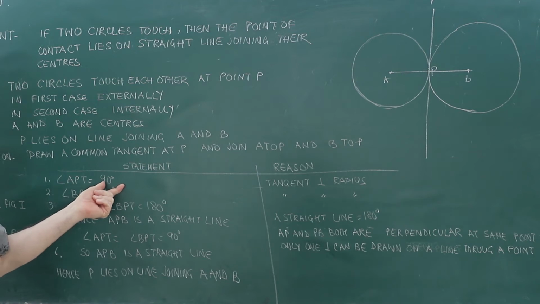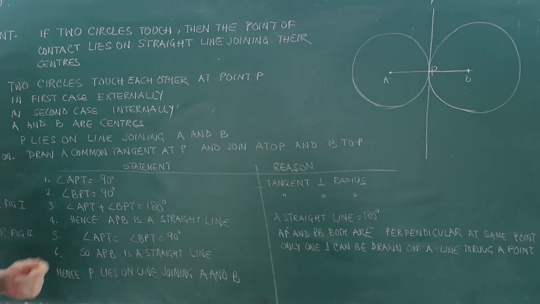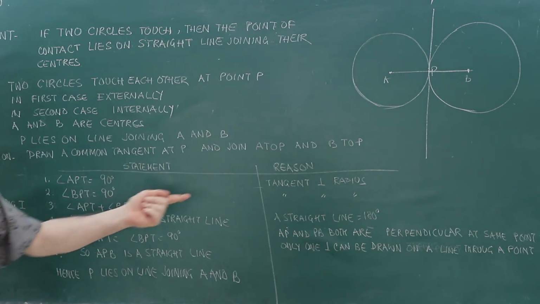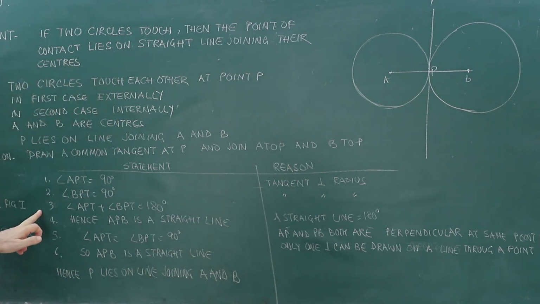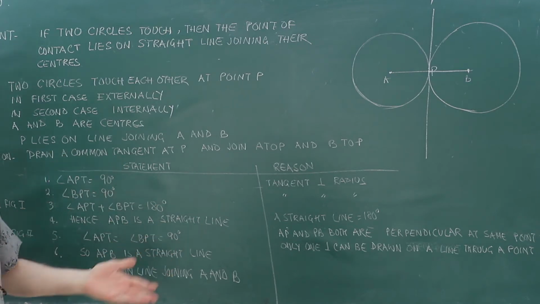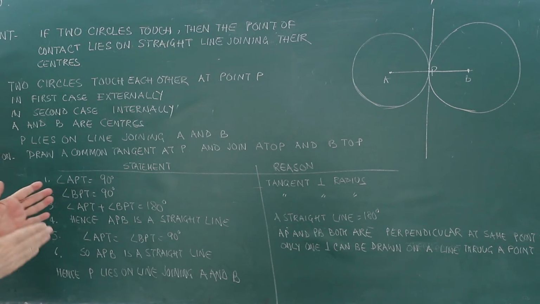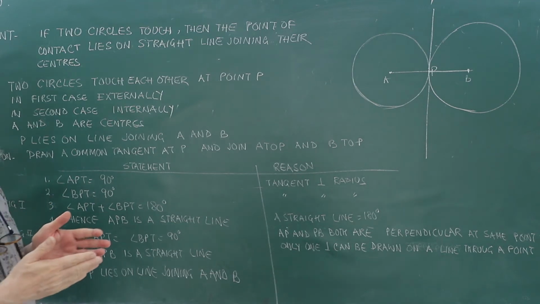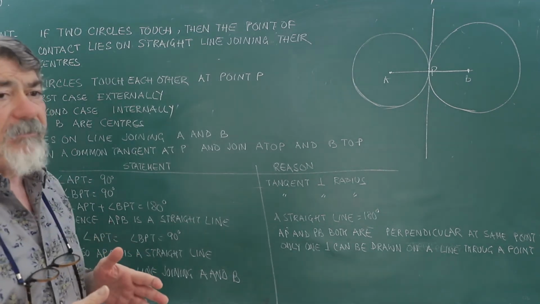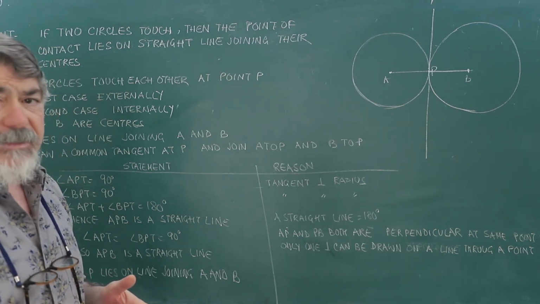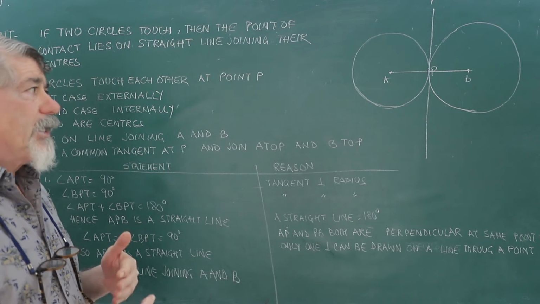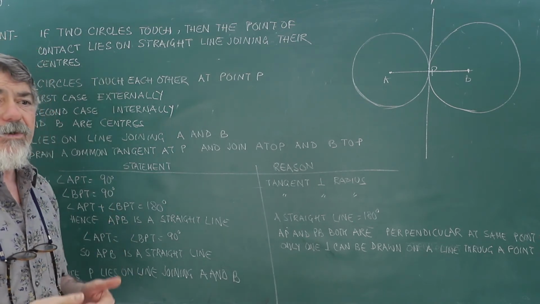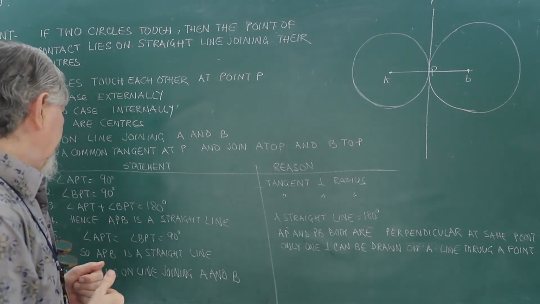APT is 90 degrees, tangent is perpendicular to radius. BPT is 90 degrees, tangent is perpendicular to radius. For the first figure we are saying APT plus BPT will be equal to 180 degrees. That means the whole angle APB will be 180 degrees, and if it is 180 degrees, that means APB is a straight line. That means P lies on the line joining A and B.